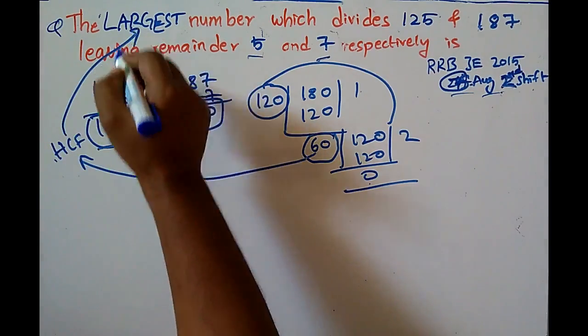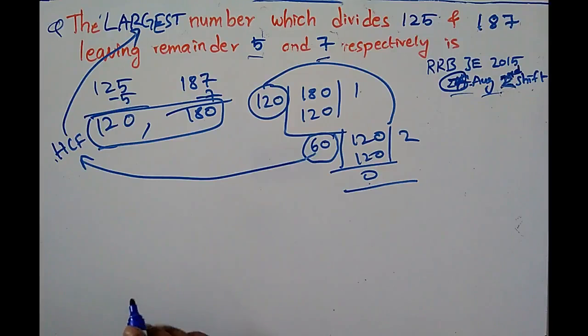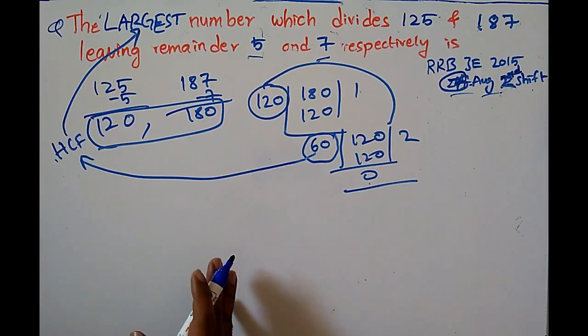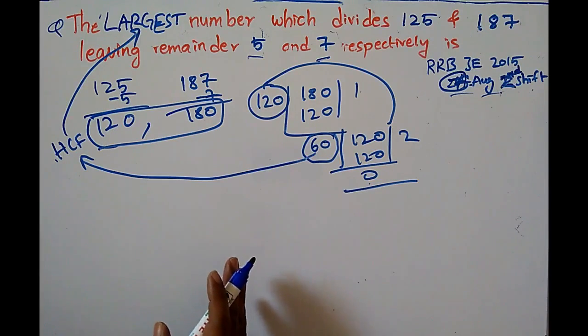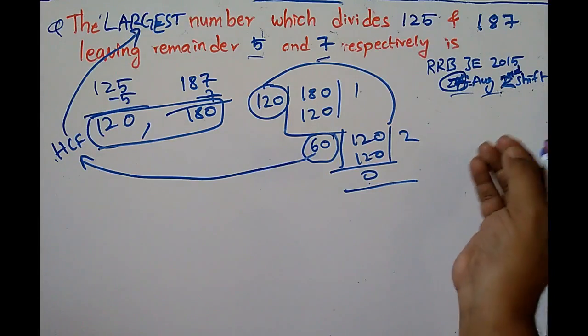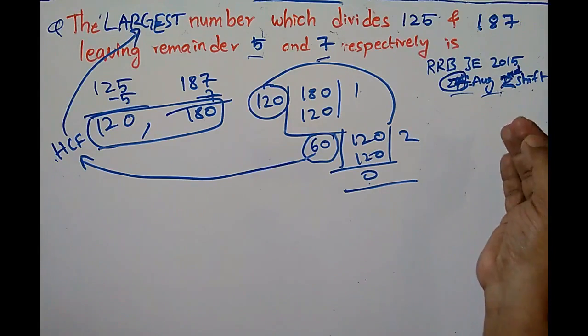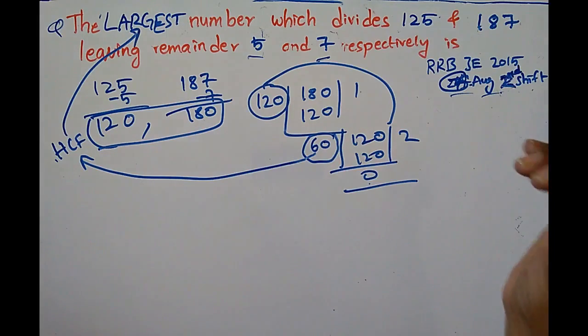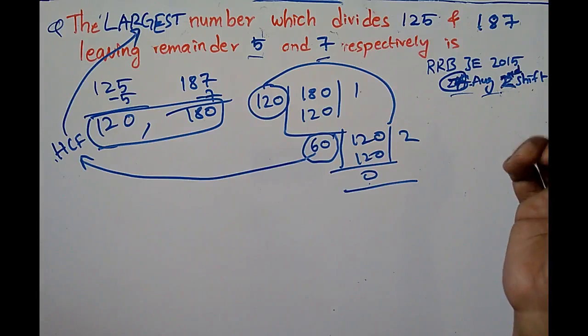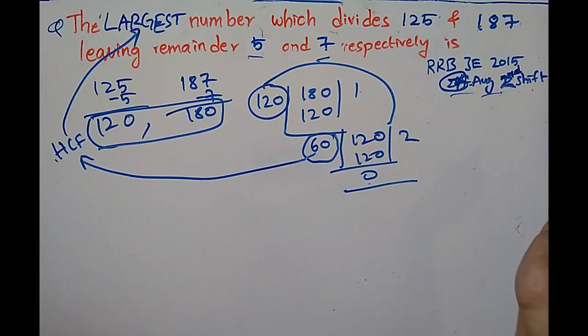That is nothing but the largest number which divides 125 and 187, leaving the remainders 5 and 7. Why do we have to learn this method? See friends, sometimes it will not be possible to substitute from the given options. Sometimes it is not possible to derive the answer from the options given.